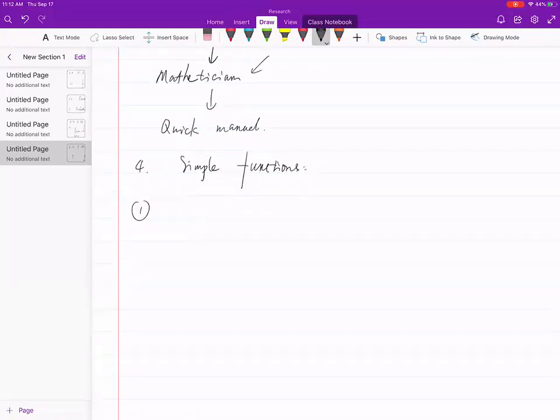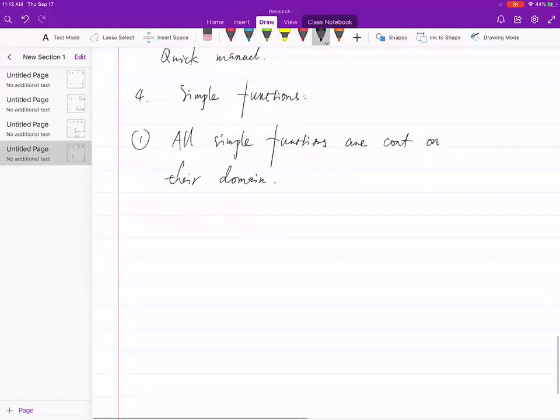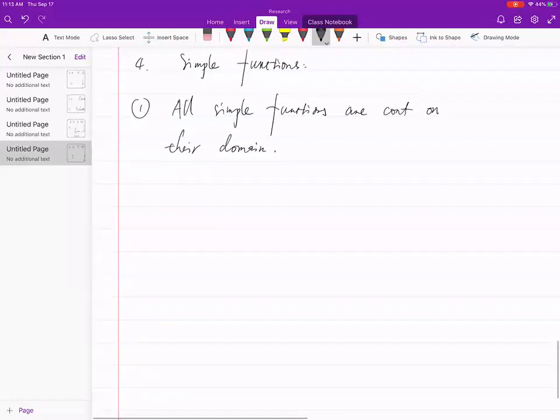Here we are again. Two things. First one, the building blocks. All simple functions are continuous on their domain. This is the truth, proved by mathematicians. If you still don't have it, try to make the list with me.